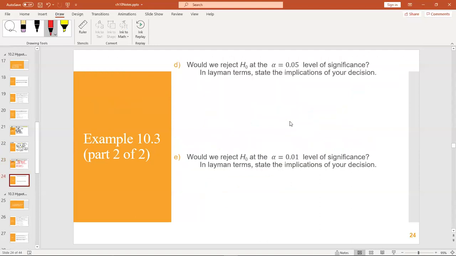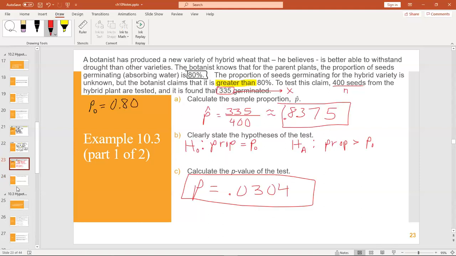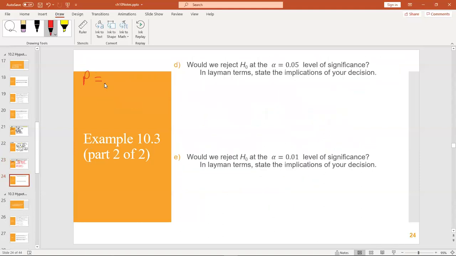Now, would we reject at the alpha of 0.05? P was 0.0304. Would we reject at that level? P is less than 0.05. So when P is low, reject H0.